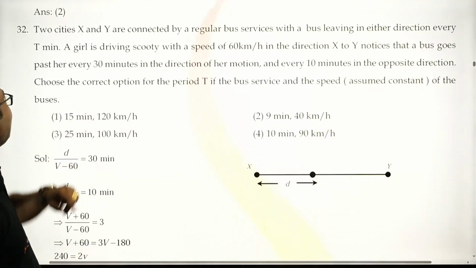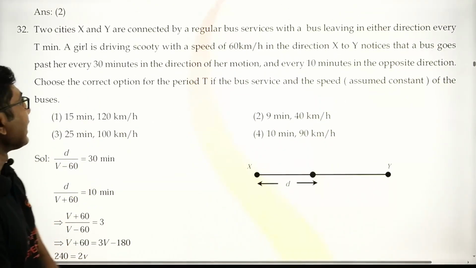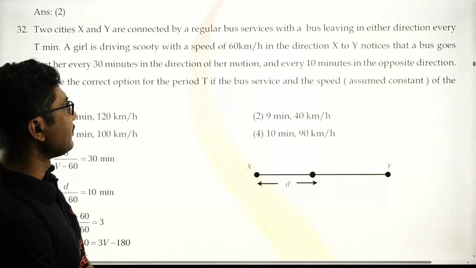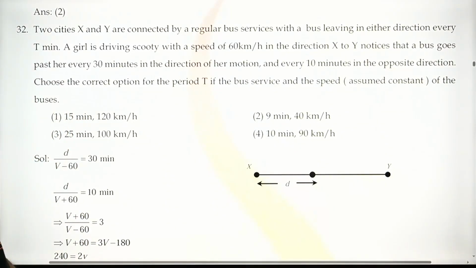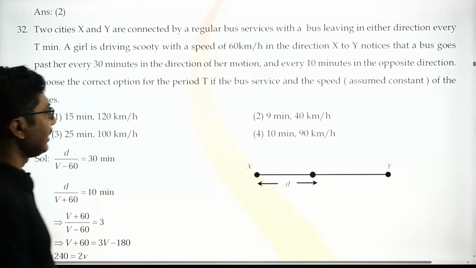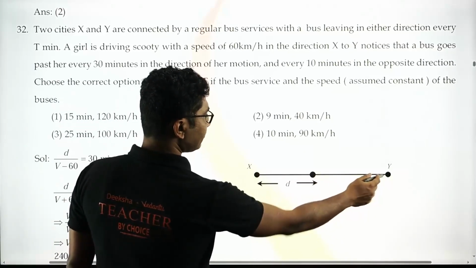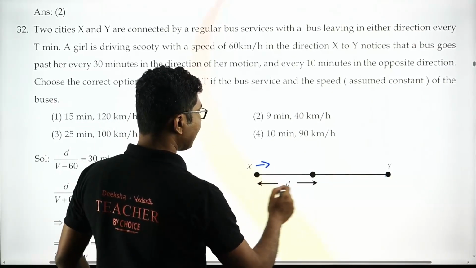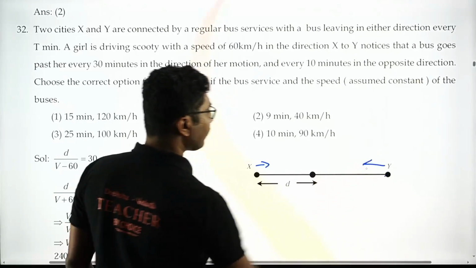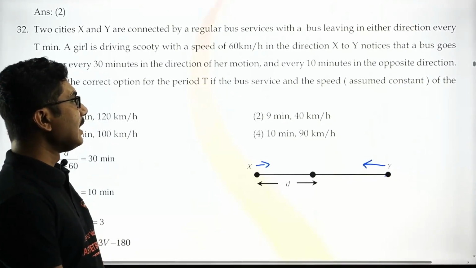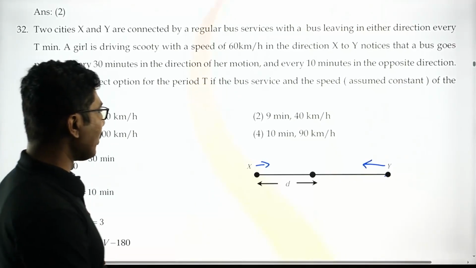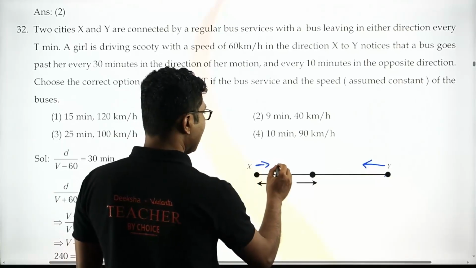Two cities X and Y are connected by regular bus services, with the bus leaving in either direction every t minutes. Okay, X and Y are connected like this. After every t minutes buses are going from both sides. A girl is driving a scooty with a speed of 60 km per hour in the direction X to Y. So the girl is driving the scooty here.